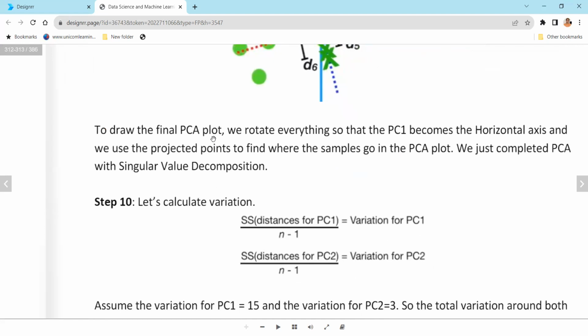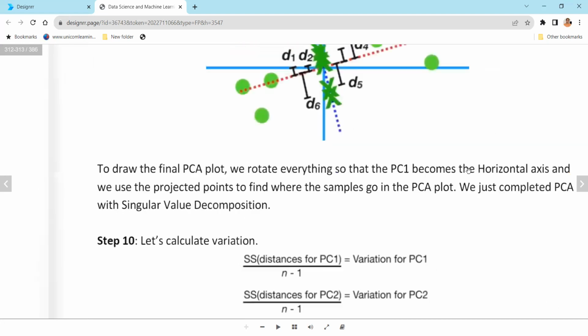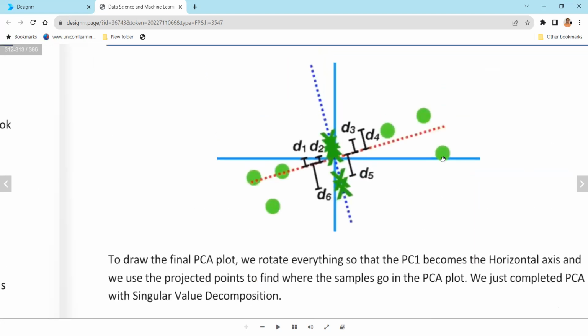To draw a final PCA plot, we rotate everything so that PC1 becomes the horizontal axis. Now your PC1 becomes horizontal axis. That means you have to bring it down, right? You have to move it down to this orange x-axis.